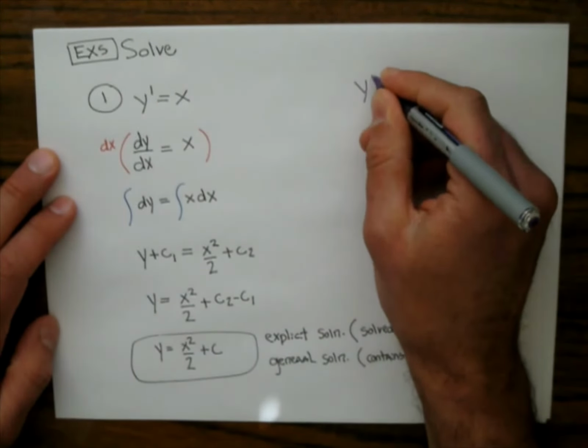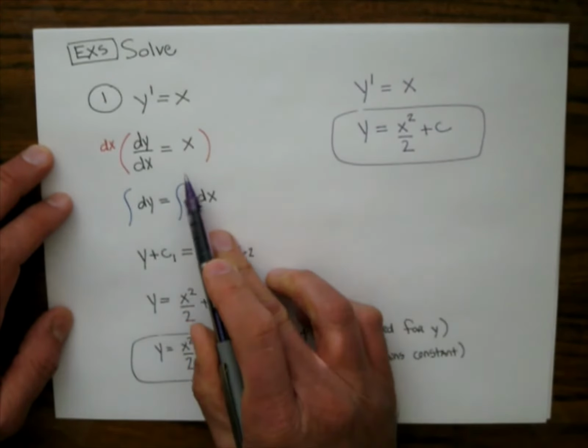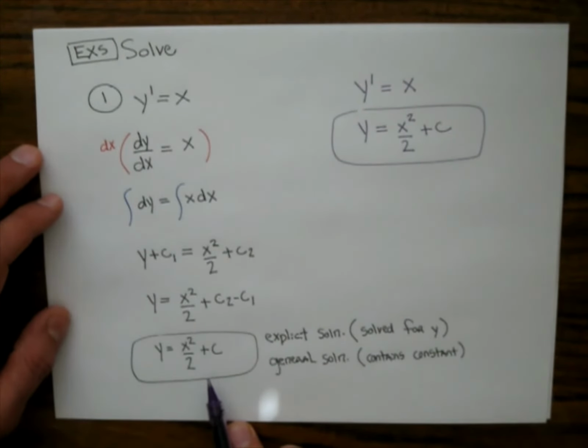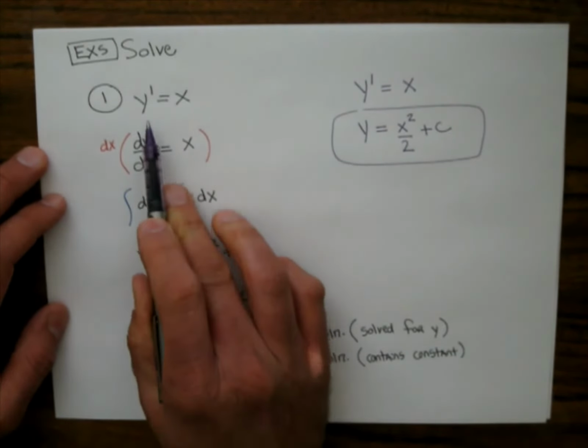So when I solve a differential equation, I'll just put the plus c on the right-hand side. If I take the antiderivative of y prime, I get y, and the antiderivative of x is x squared over 2, plus c from both of the sides. Why did we do it this way? Because this was a simple example and I wanted to illustrate the method of solving separable differential equations.